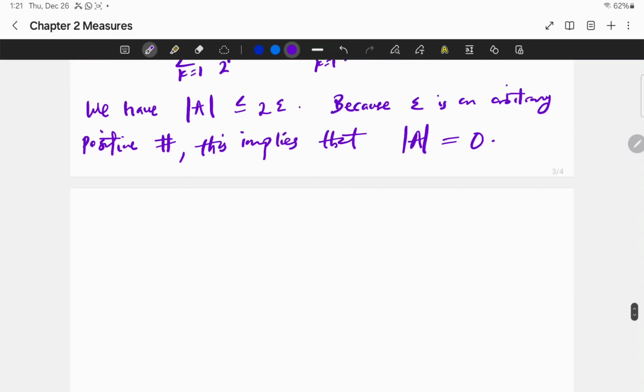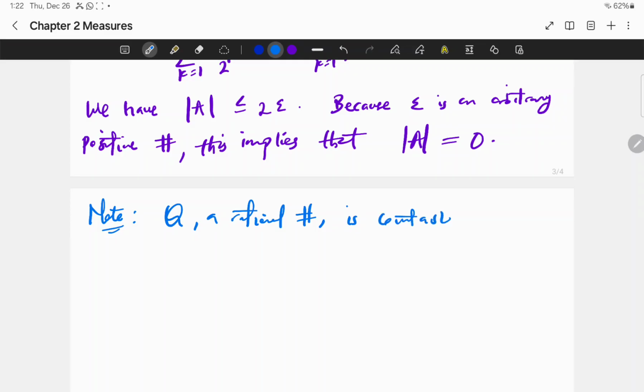The result above also allows us to show that the set of rational numbers Q, which is countable, also has outer measure 0. Note that Q is countable, thus the outer measure of Q equals 0.